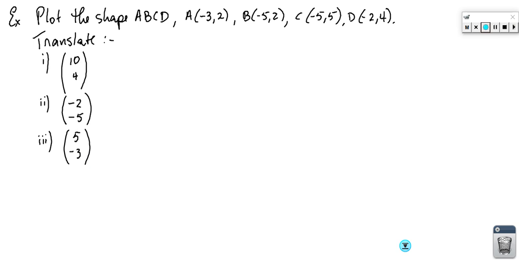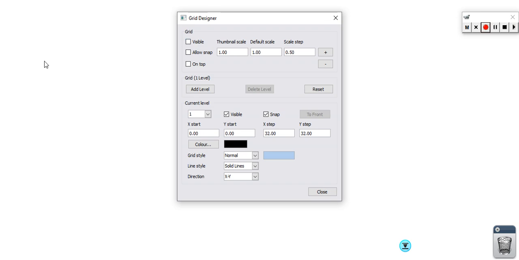So we're going to see that transformation being done. First I'm going to start by plotting ABCD on a grid.